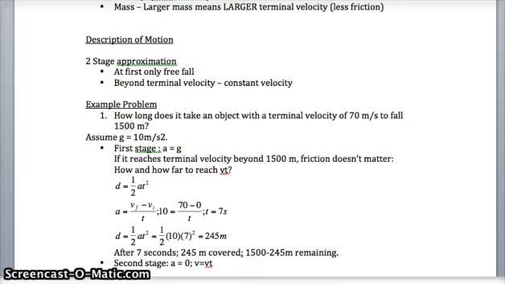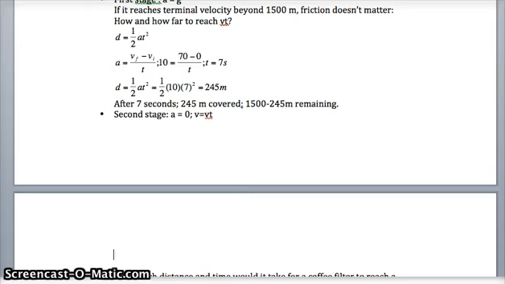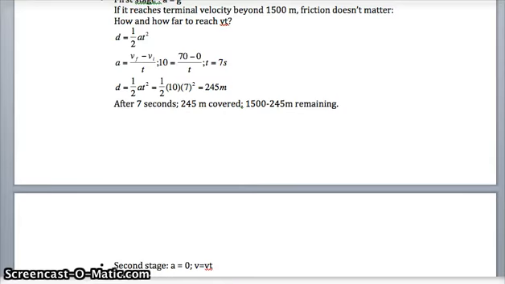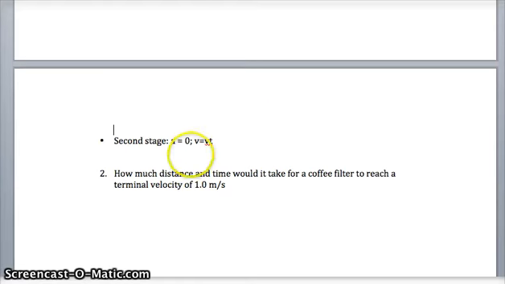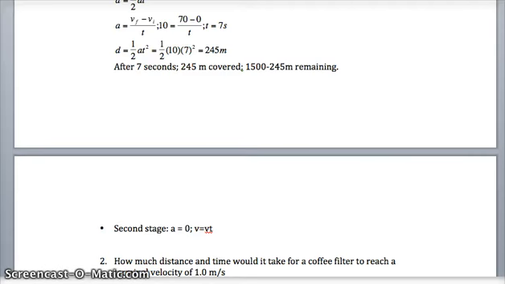So in the second stage of the motion, you're now moving at the terminal velocity. Now we just use distance equals velocity times time, because that's the velocity you stay at for the rest of the way. Remember, 1,500 minus 245 meters should be equal to 1255. There's 1255 meters remaining.